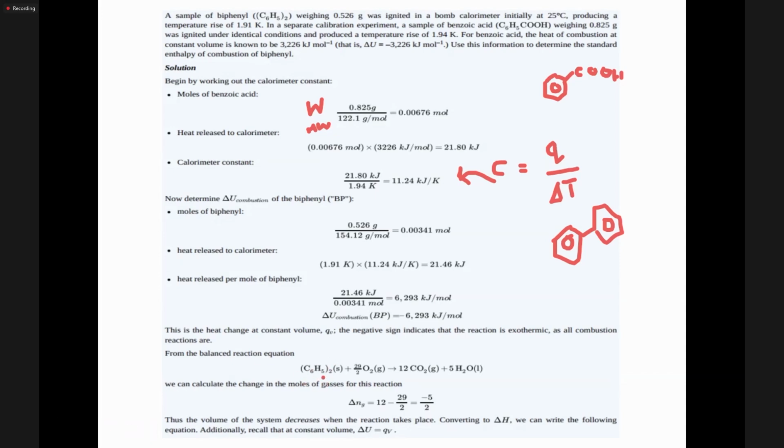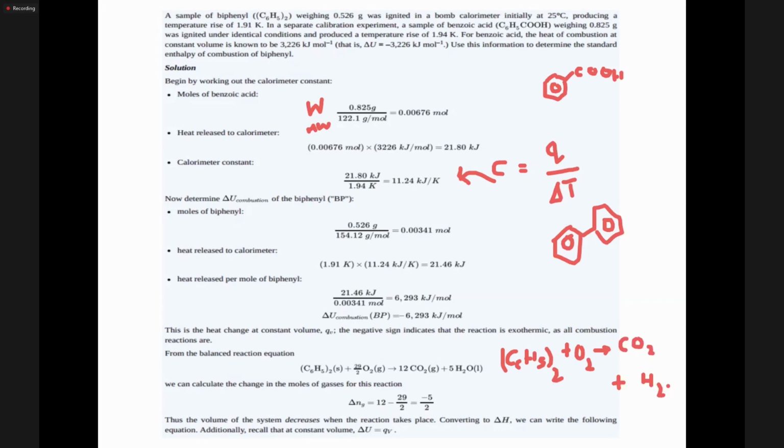We have biphenyl, C6H5 whole 2, which is solid, plus oxygen producing CO2 and H2O. Let us balance this equation. Biphenyl is combusting in air or oxygen, and any combustion of a hydrocarbon leads to gaseous CO2 and water.